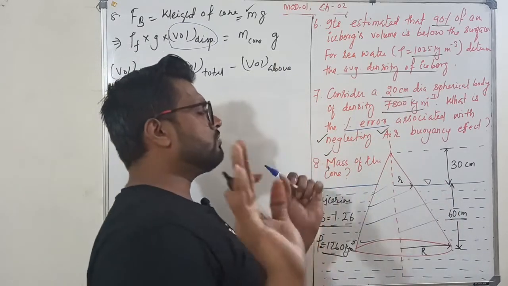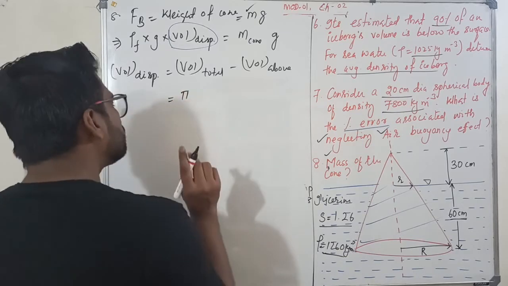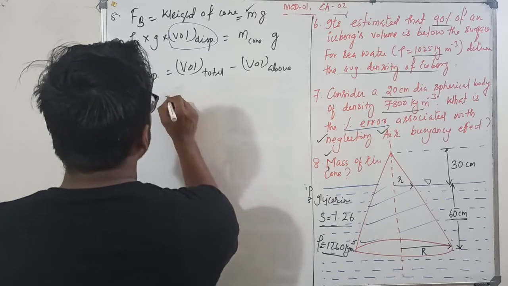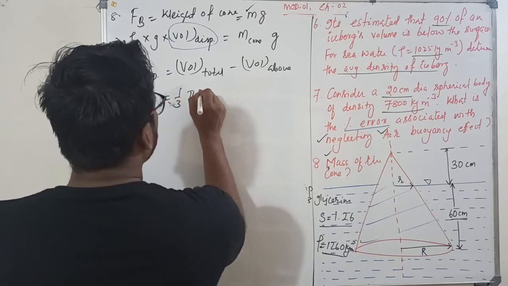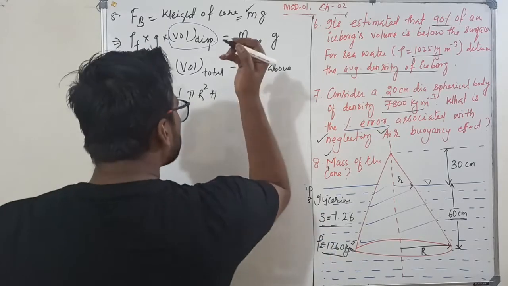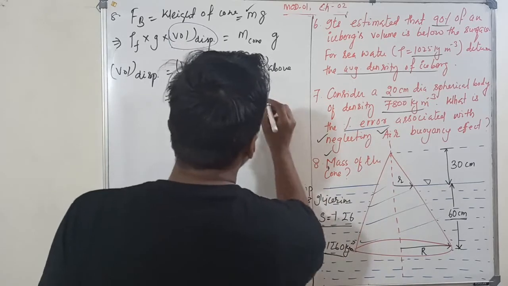What is the volume of a cone formula? Sir, the cone formula is 1 by 3 pi r square h. Minus here also 1 by 3 pi small r square.